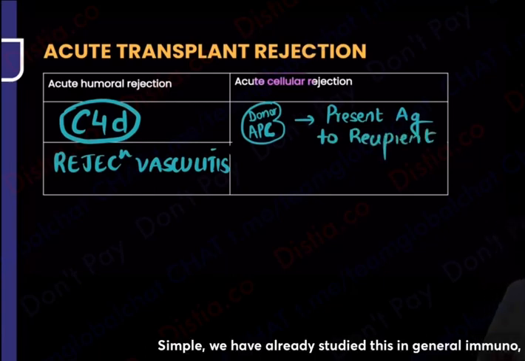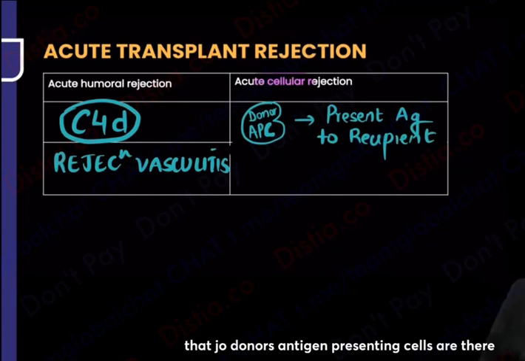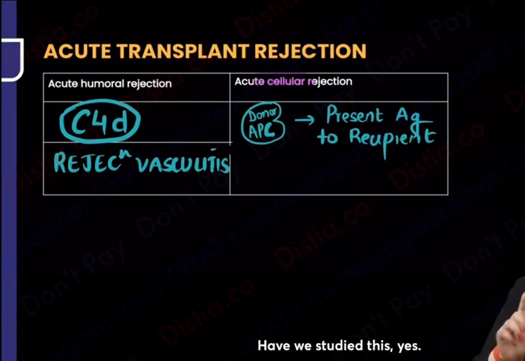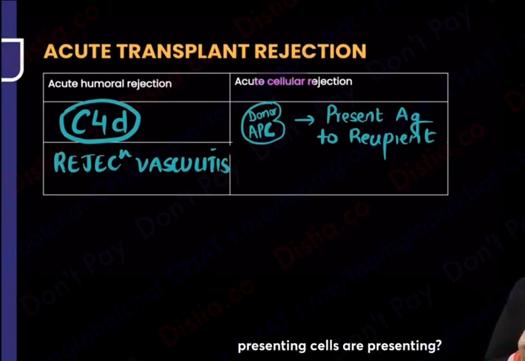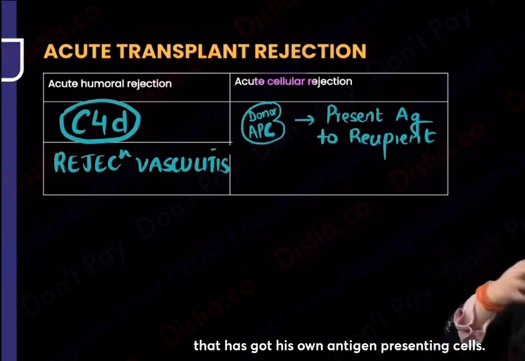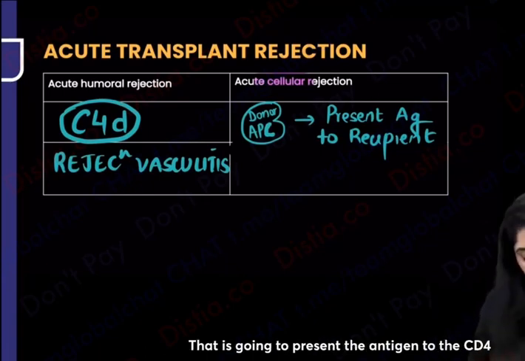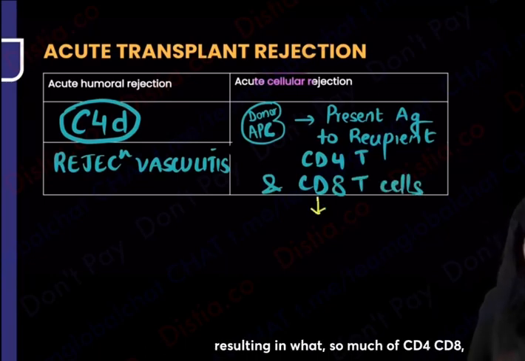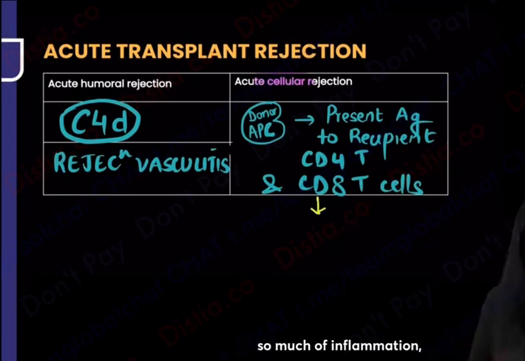We've already studied this in general immunology: don't antigen presenting cells present to either CD4 or CD8? Have we studied this? Yes. So this time, whose antigen presenting cells are presenting? The donor kidney that has been put has its own antigen presenting cells. That is going to present the antigen to the CD4 and CD8 T cells of the recipient, resulting in so much CD4, CD8, so much inflammation.